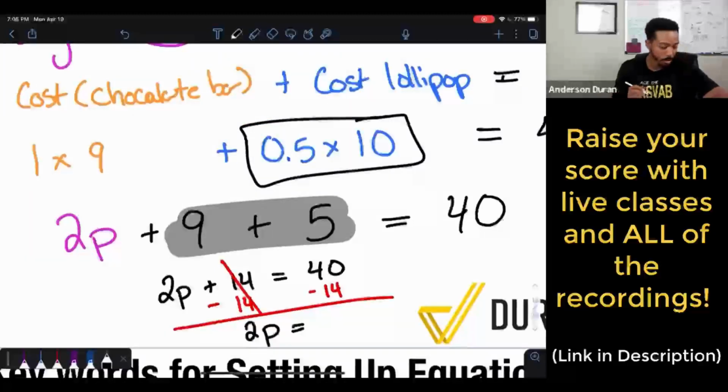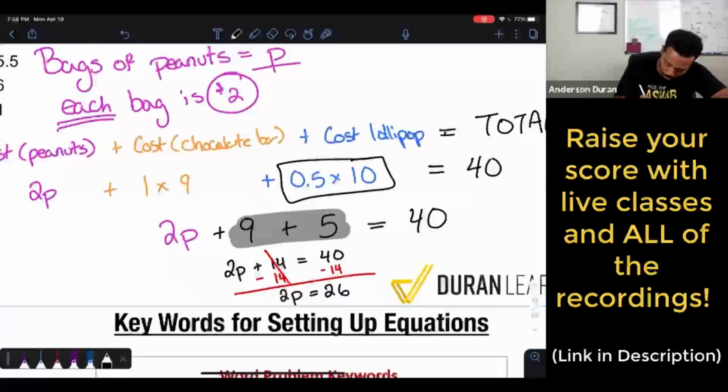equals what? What is 40 minus 14? What is that going to be, everybody? 26, correct. 26. And then from there, what do we do to both sides? Let me just rewrite it over here. What do we do to both sides? Correct.